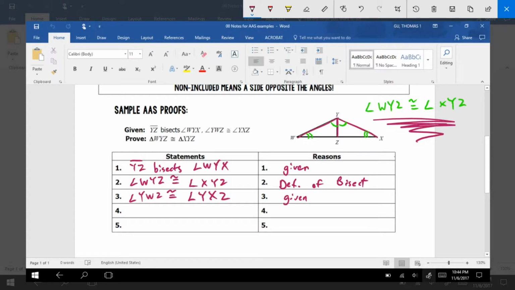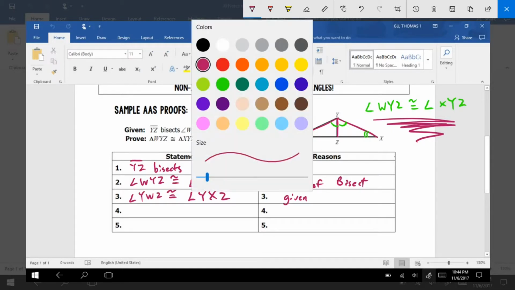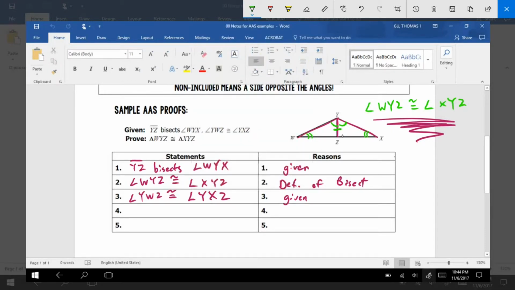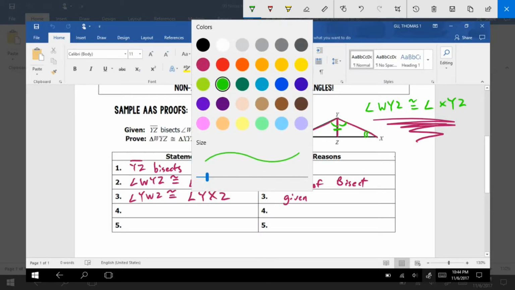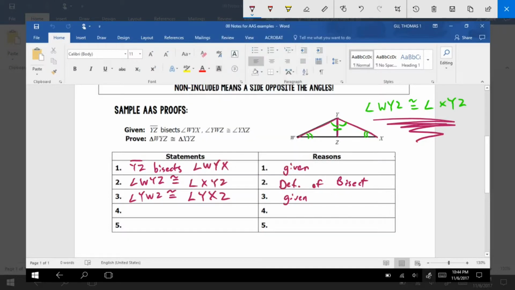So we have two angles, and we want a side. Which side do these triangles share? They share side YZ. But remember, we need to write something that shows that YZ is in fact congruent to itself because both triangles are using that same side. So we're going to go ahead and write YZ is congruent to YZ. And what's that property called?